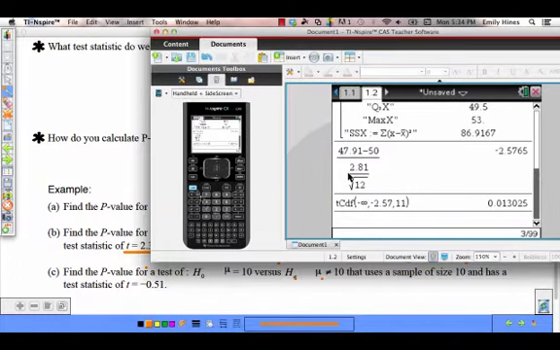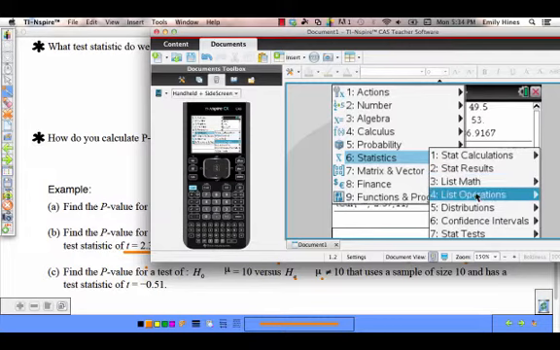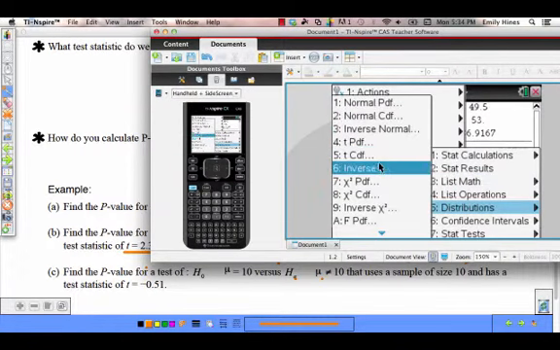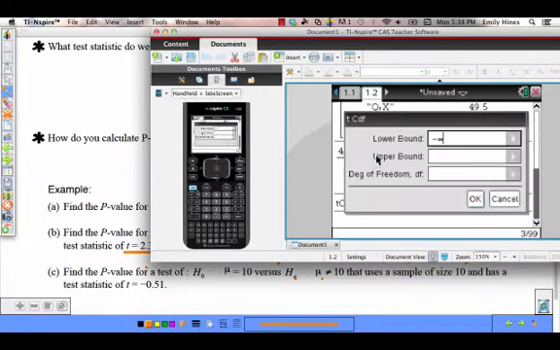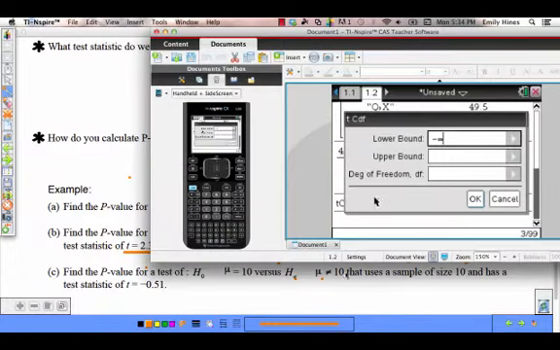So I'll go to my calculator, menu, statistics, distributions, TCDF. Okay, this time it was greater than, so I'm going upwards. So my lower bound is my t-score of 2.33. My upper bound is some really large number, or I can use the keyboard over here to do infinity.